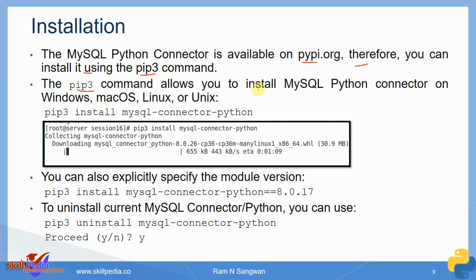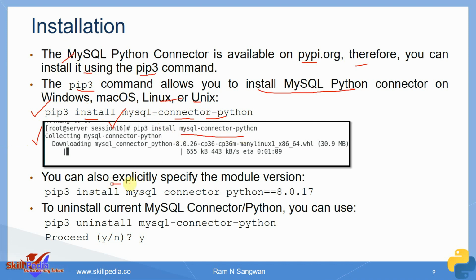The pip3 command allows you to install this connector on Windows, Mac, Linux or Unix, and this is how you install it: pip3 install mysql-connector-python, and this is the screen grab when I installed it on my system. You see the same screenshot, session 16, pip3 install mysql-connector-python.